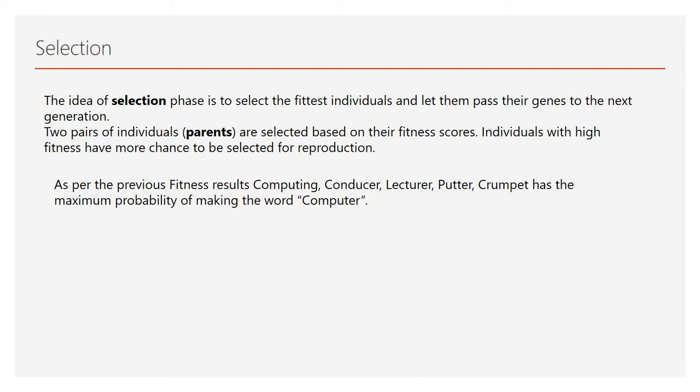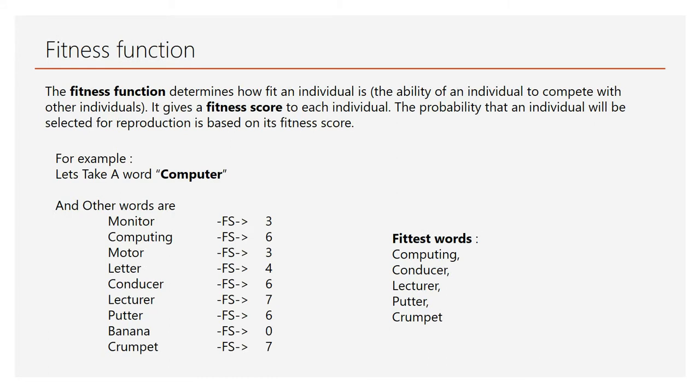Selection is a process, but it is not this easy in every case, because this is just an 8 letter word, it is fixed and it is artificial. I created these things and got the fitness score so easily.